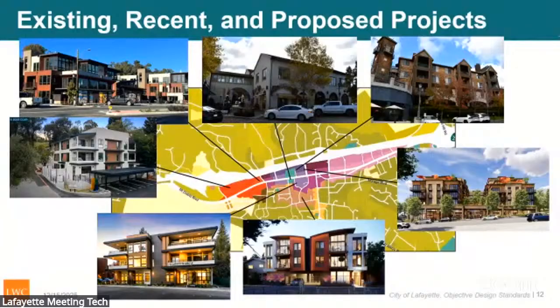Okay, so we looked at existing and recent and proposed projects. We looked at how they were received by the community. We looked at what the design review process and planning commission review, what came out of those? What were the changes that were required? What were the discussions like? What came up?